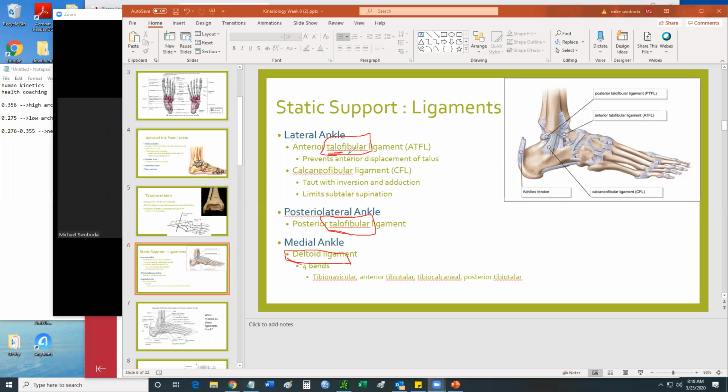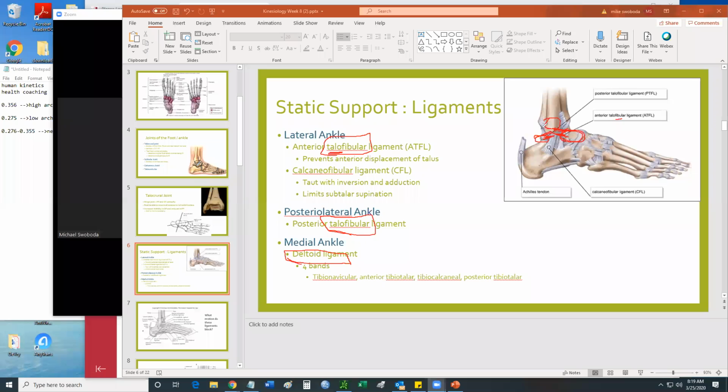So talo means talus, so right here, and fibular or fibula right there. So your anterior talofibular ligament connects the fibula to the talus anteriorly. Your posterior talofibular ligament connects your fibula to the talus posteriorly.